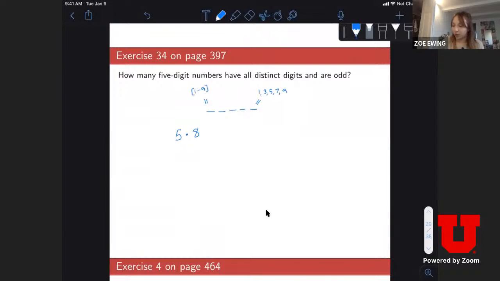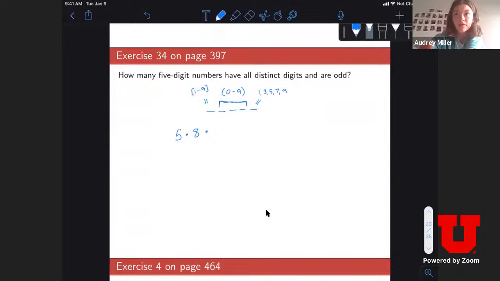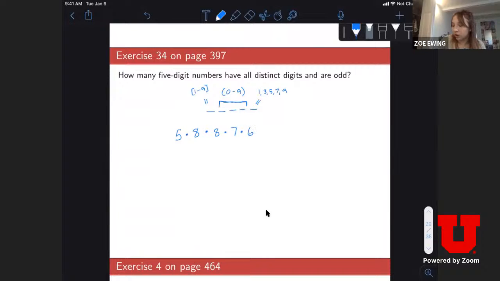So this one we have 8 choices. Okay, and now for these 3 spots, we can have anywhere from 0 to 9, but we can't include numbers that we picked before. So how many options do we have to fill in this blank? Also 8. And then the next one? 7. Yeah, and then down to 6. And this comes out to 13,440.